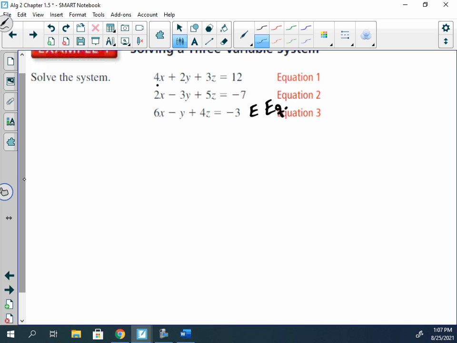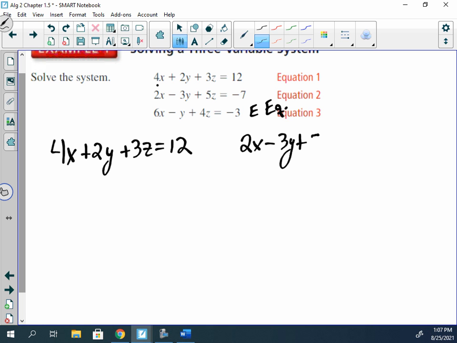Now, because this is 1y, we don't have to change the other two equations for y to be able to eliminate out. We're going to just go on and put them down. We can say 4x plus 2y plus 3z is equal to 12, and 2x minus 3y plus 5z equals negative 7.